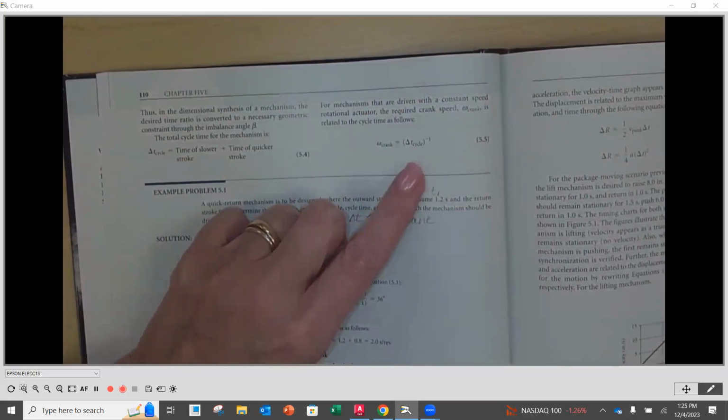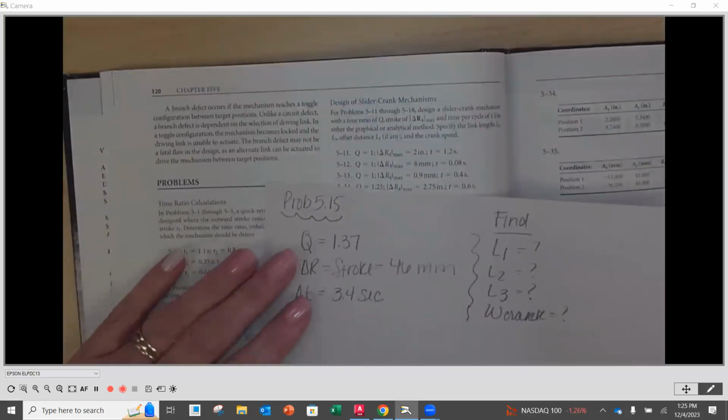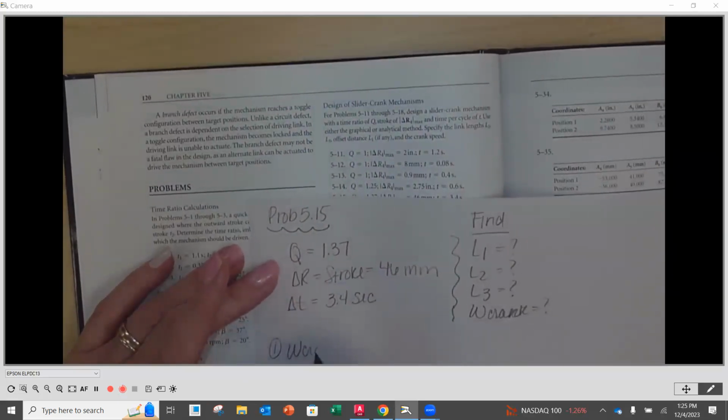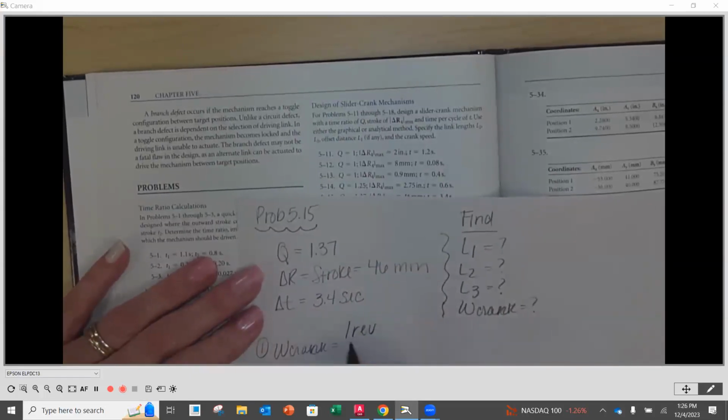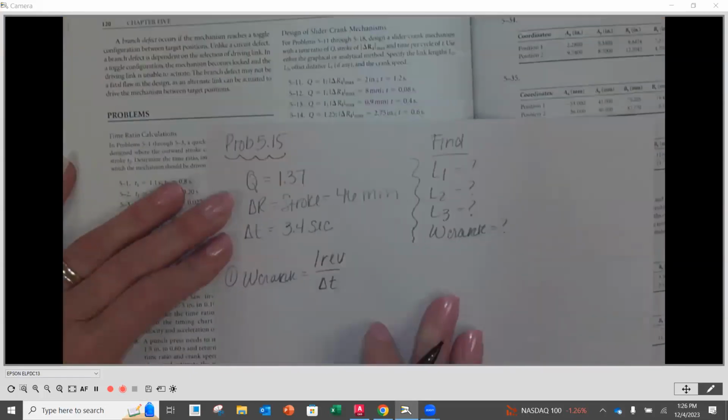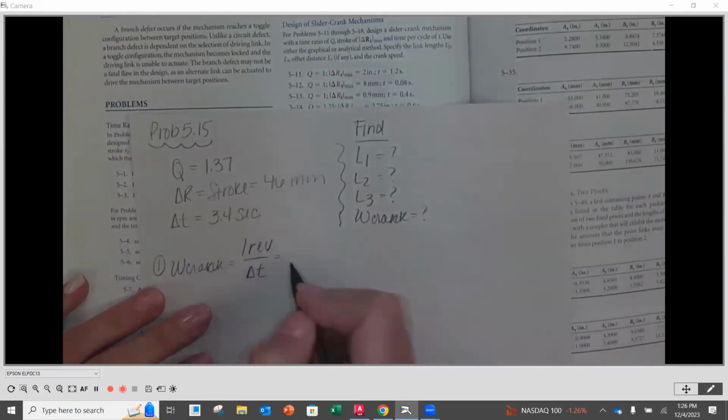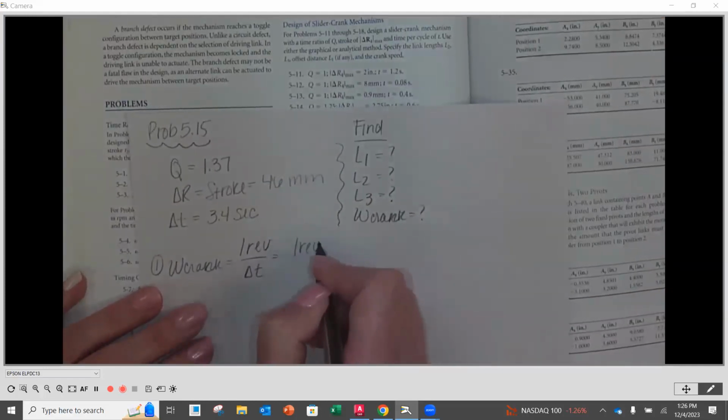So we can calculate W right away. W of my crank is equal to 1 revolution divided by the change in time, so 1 revolution divided by 3.4 seconds.